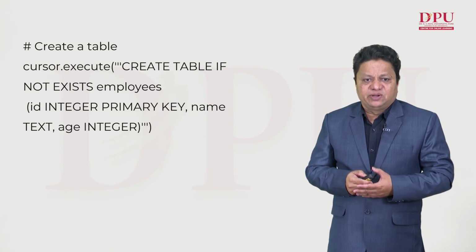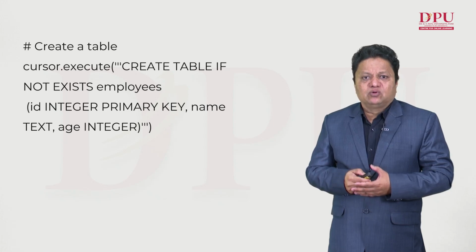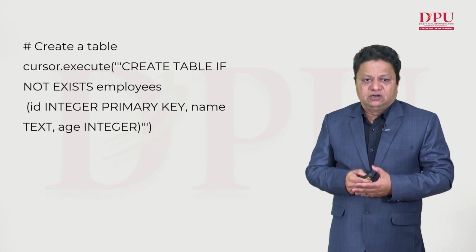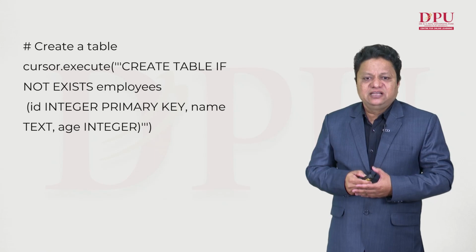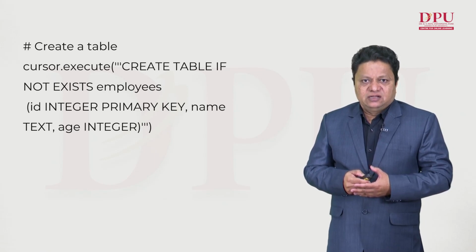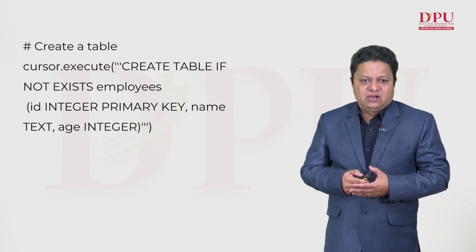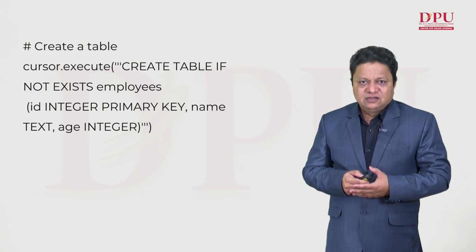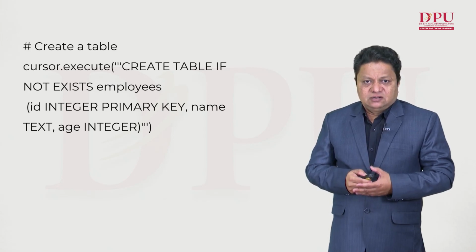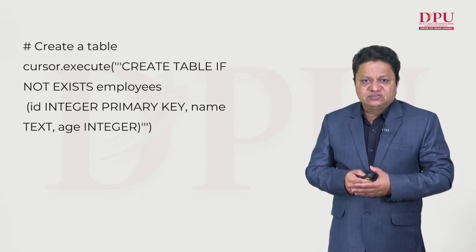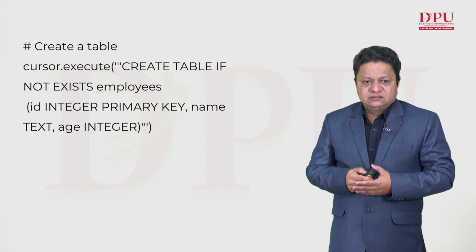Now, how to create a table? To create a table, we need to call the execute method of the cursor. So, cursor.execute, in the bracket write the SQL query in double quotes, CREATE TABLE IF NOT EXISTS, with the name employees, with its attributes and data types. Attributes are ID, whose data type is integer.